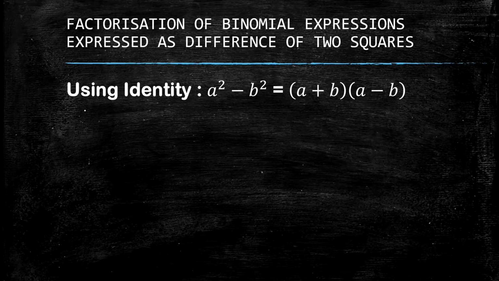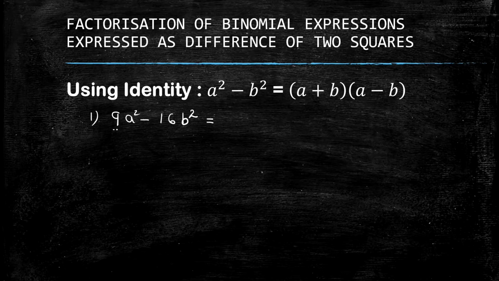For example, if you have a question like this which says 9a square minus 16b square. So I have two squares and the difference of these two squares. So we have to check if we can represent the given problem in the form of a square minus b square.